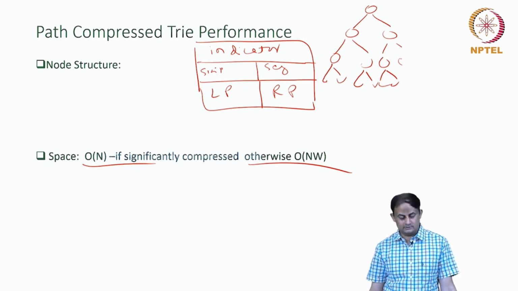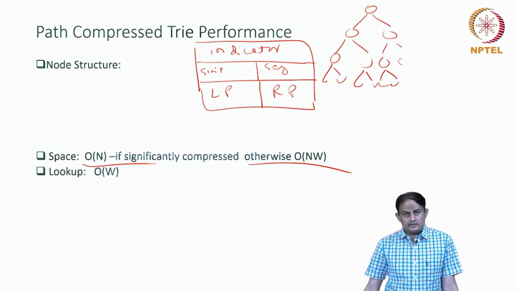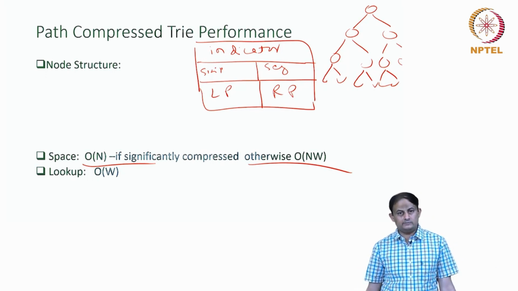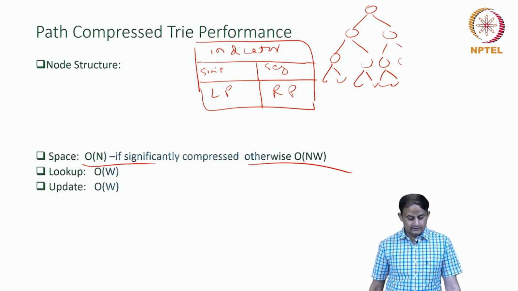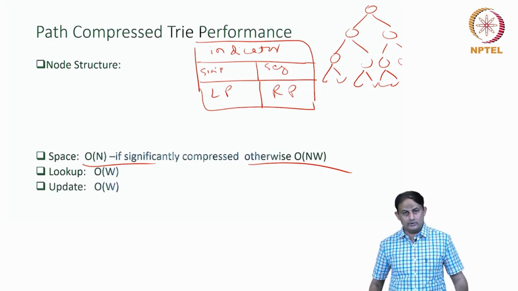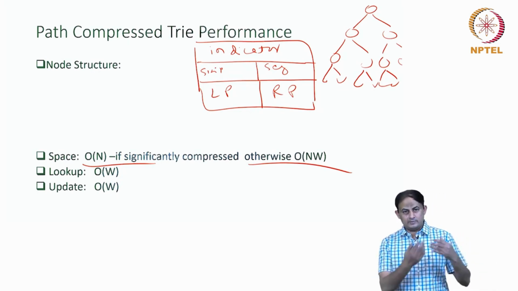They came up with this kind of optimization. The lookup in the worst case still takes order of w, where w is the width of the longest prefix in the routing table, and the update time still takes order of w, when the new prefix is just an extension of the longest prefix that we have.